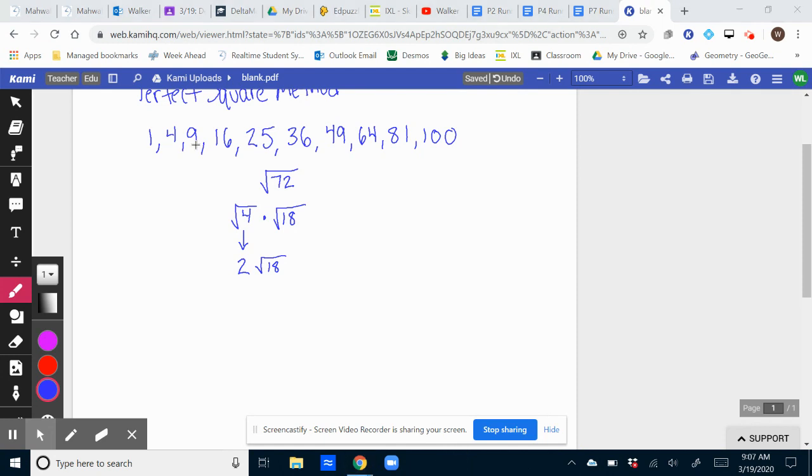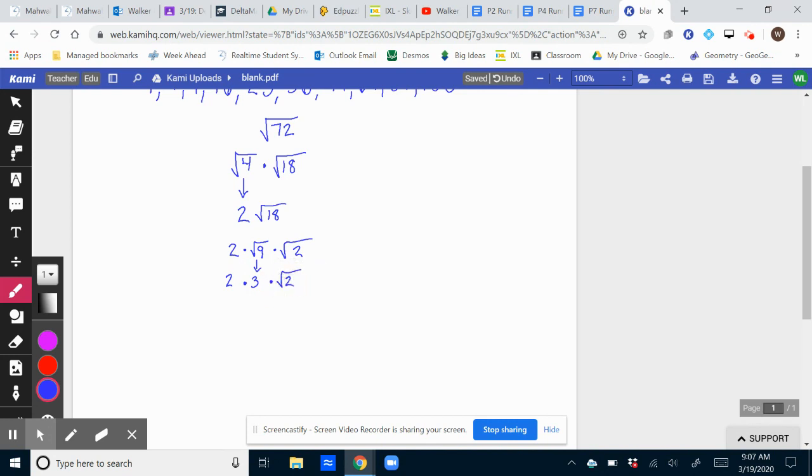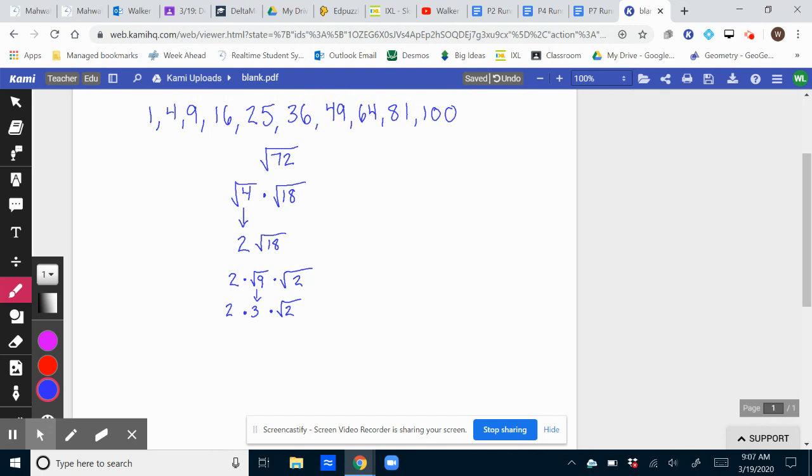Okay, so now I still have this 2 in front, but 18 is going to break down into a product of two radicals. That would be 9 and 2. Okay, bring down that 2 again, and 9, the square root of 9 is 3. Okay, so now I've broken down even further, and you've been able to pull out a 2 and a 3. You multiply them and get 6, and your final answer is 6 radical 2.